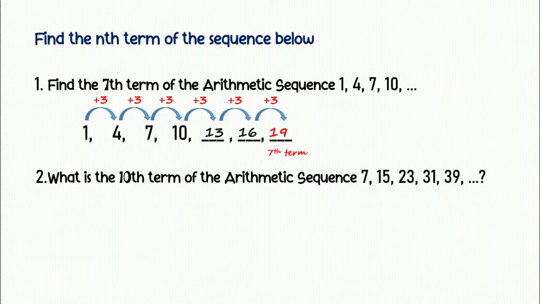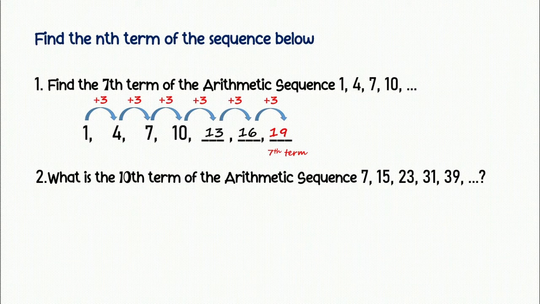Okay, for number 2, what is the 10th term of the arithmetic sequence? 7, 15, 23, 31, and 39, and so on. So, this sequence has 5 terms, right? And we're going to get the 10th term. So, malapit lang yung 5th term sa 10th term. What we're going to do is to find the common difference since it is an arithmetic sequence.